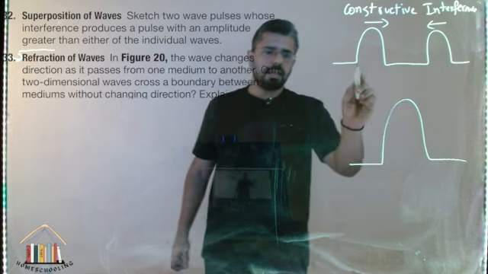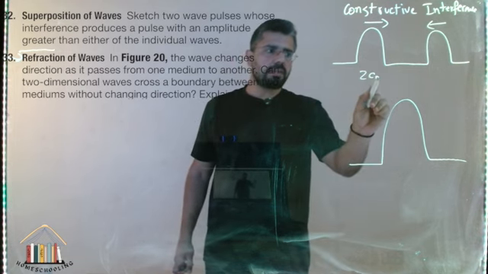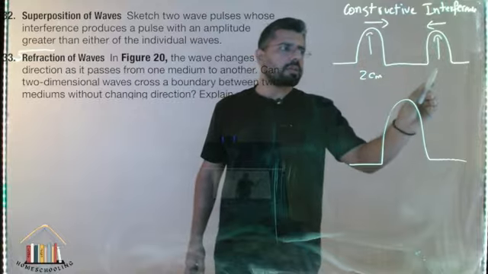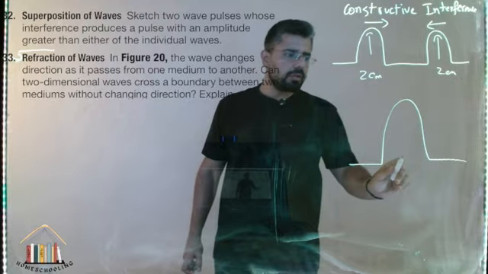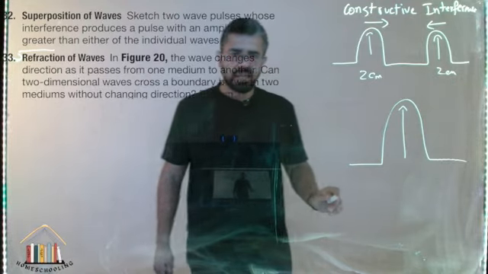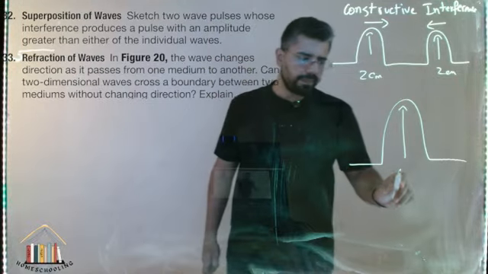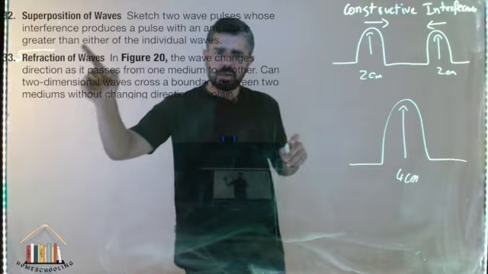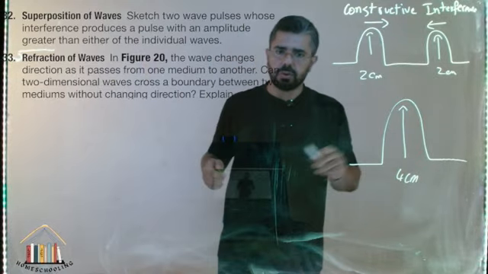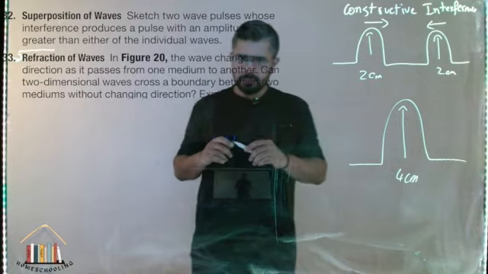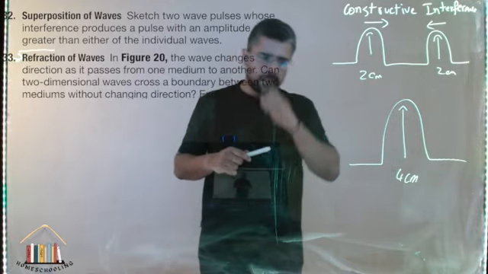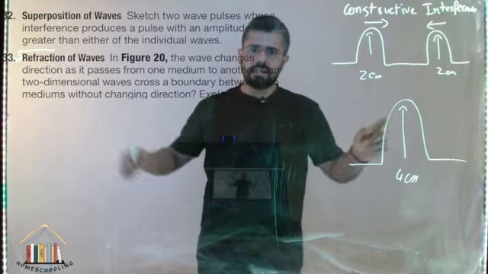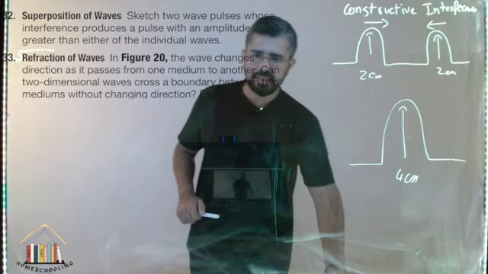So imagine the amplitude of the first is 2 centimeters, the distance from here to here, and the second one is also 2 centimeters. So the resultant wave has an amplitude of 4 centimeters. So that's about sketching. We have to draw this diagram. The resultant amplitude is greater than either of the individual waves. Let's go to the next question.